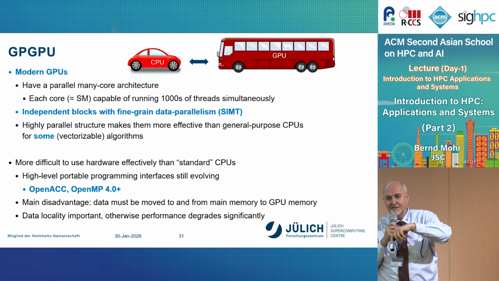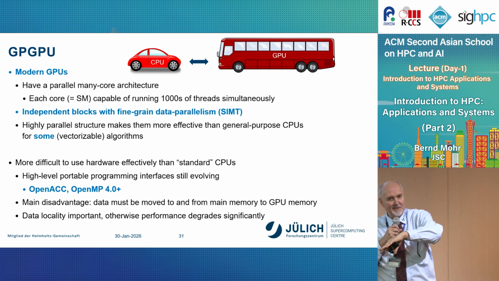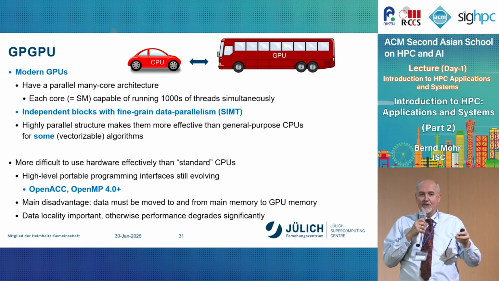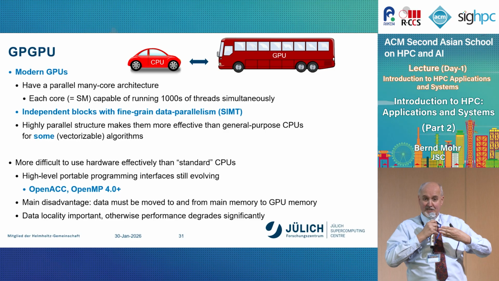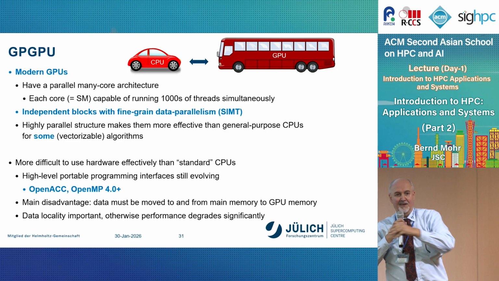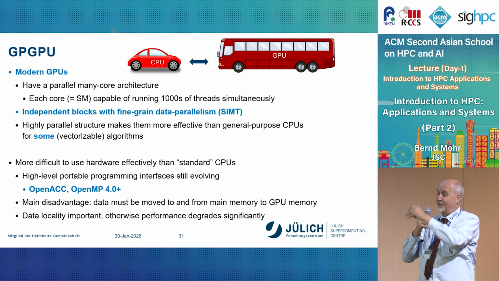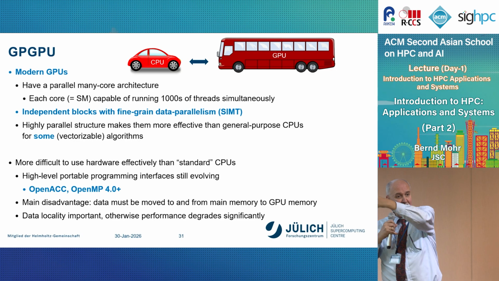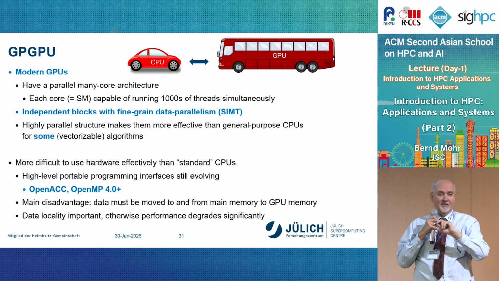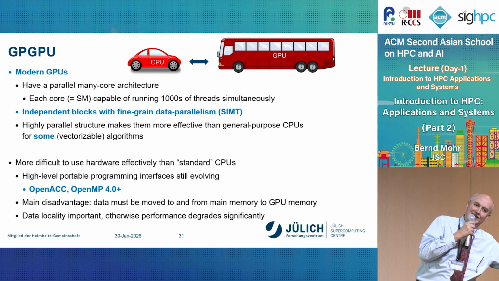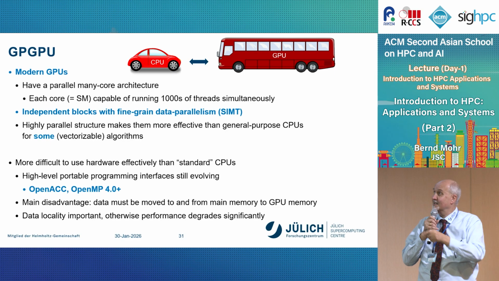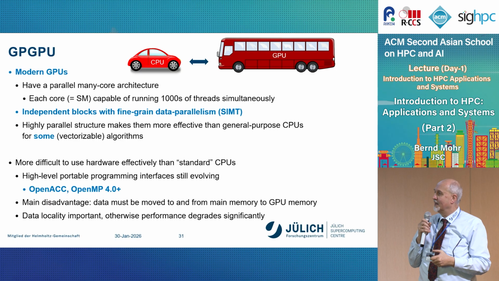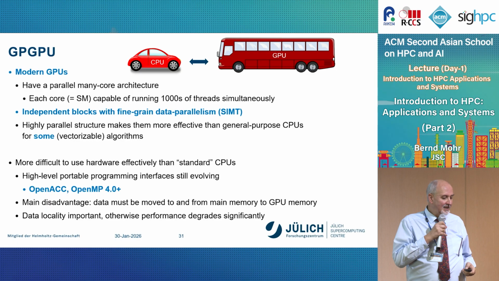And when it doesn't fit, cars have to come back and pick the next batch. Or I can take all of them in one bus. The bus cannot go very fast, but it gets there. So if you have lots of stuff and you don't have to go so far, buses are better. So some stuff is better for CPUs, like small things, and when you have to do lots of calculation, it's better to use the GPU. But the best thing is basically to do it at the same time.